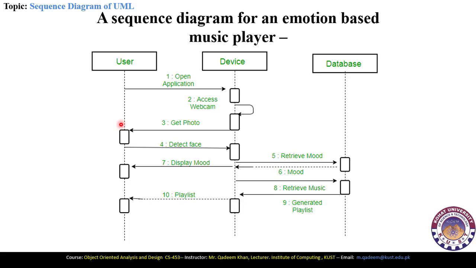So here the user is accessing the database of the music library according to his or her mood. If they are in a happy mood, then music will be played according to that mood. If they are in a sorrowful or sad mood, then sad music will be played for the user.